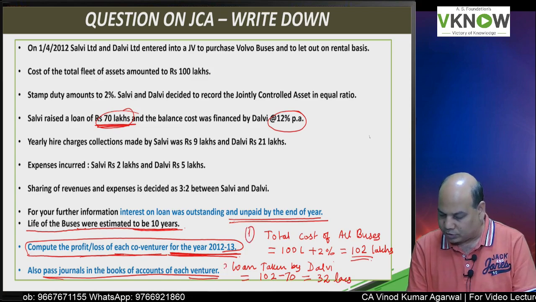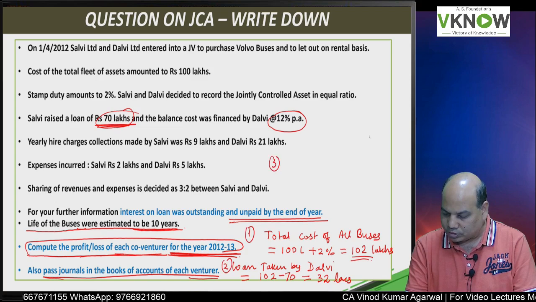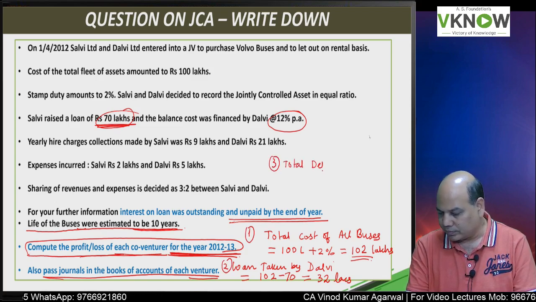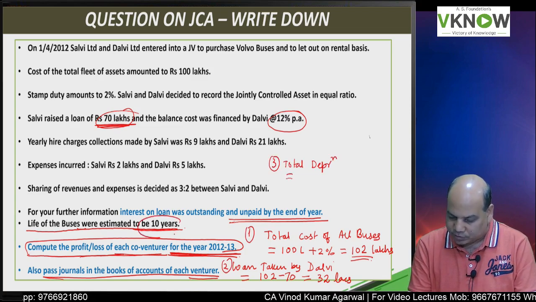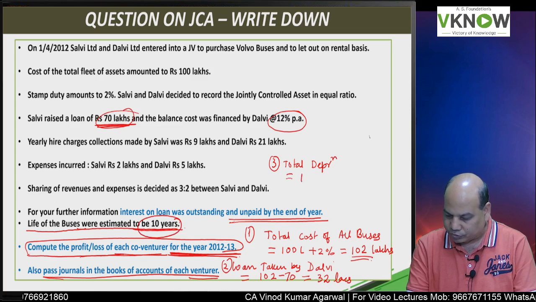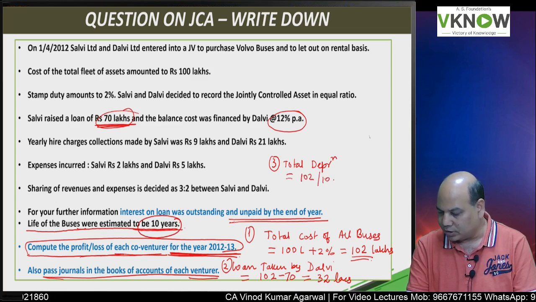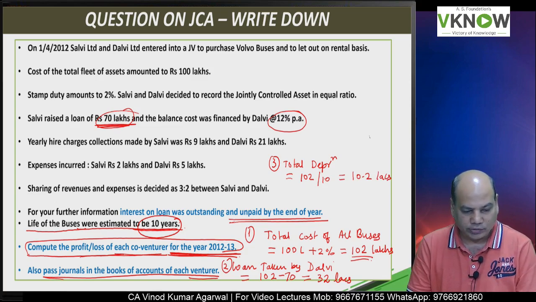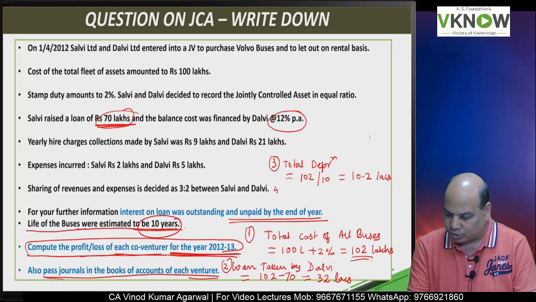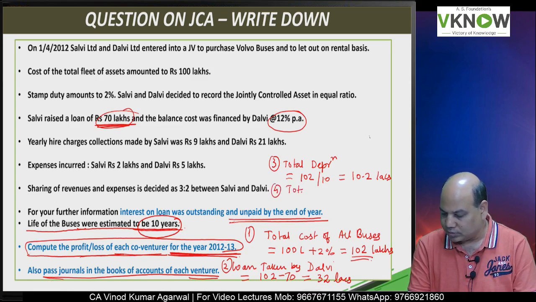This is first point. Second point. Third point, write down total depreciation. The life of the buses is 10 years. So 102 divided by 10 years, 10.2 lakhs. Total depreciation 10.2 lakhs. And one more point, write down total interest.